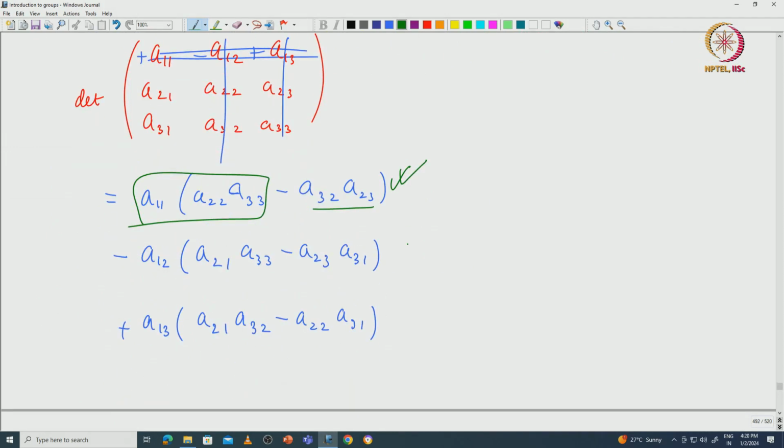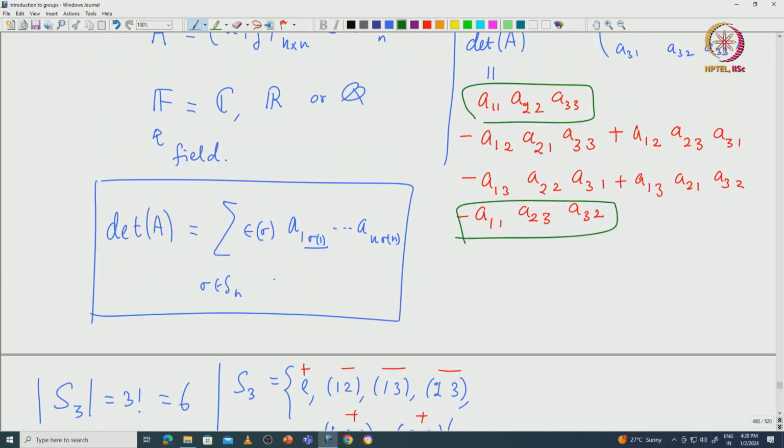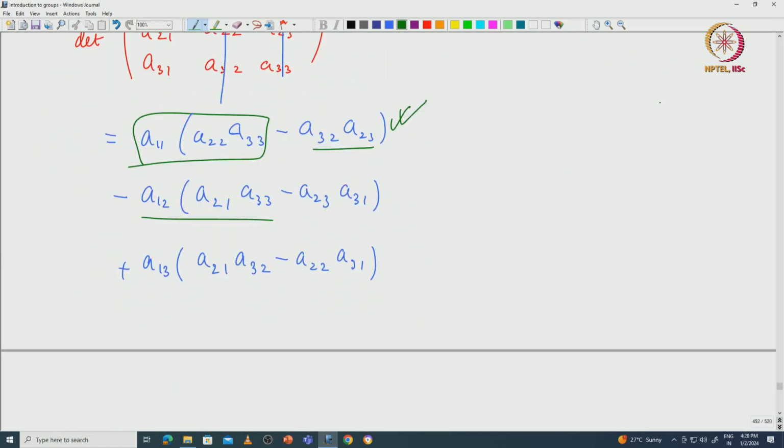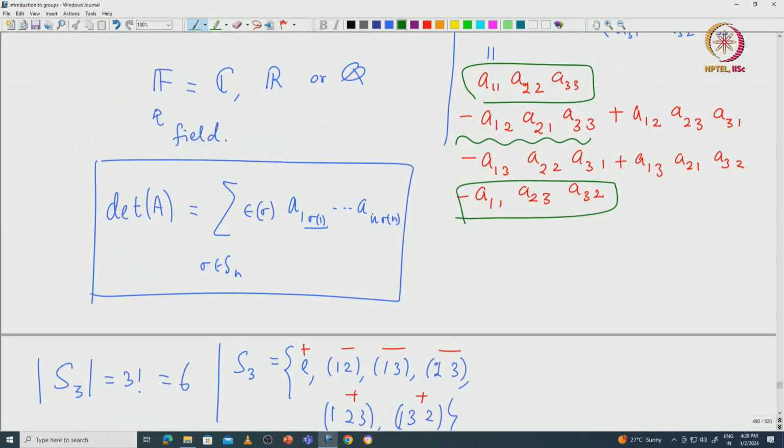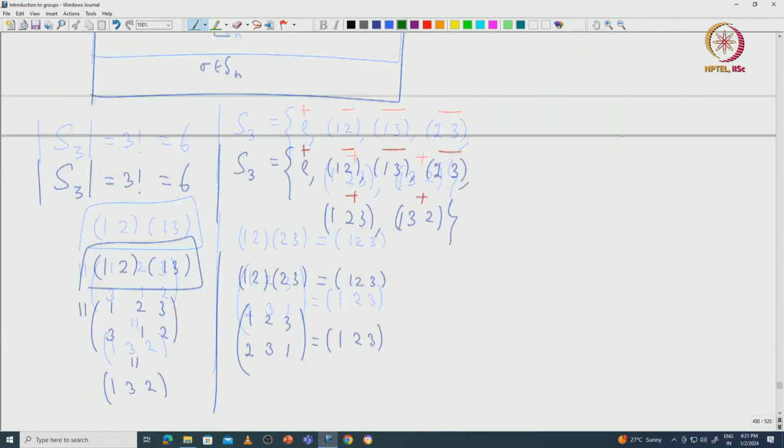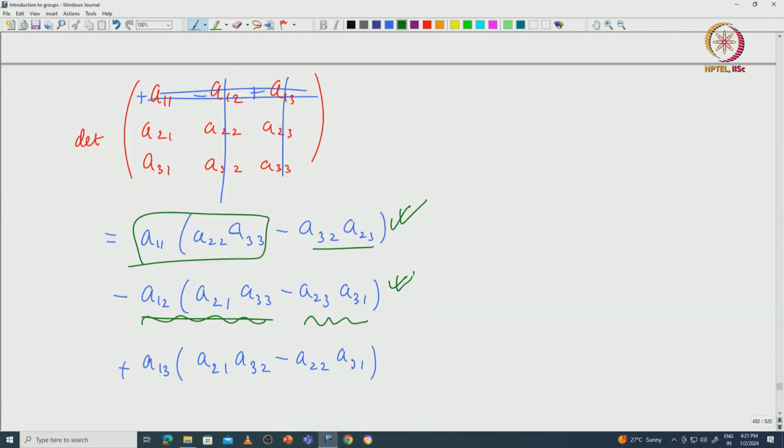Similarly, you can see A12 A21 A33 with the minus sign is here, A12 A23 A31 is there, and now let us take A12 A23 A31 with the plus sign. That is also matching. So now I will leave it to you to check the remaining terms.